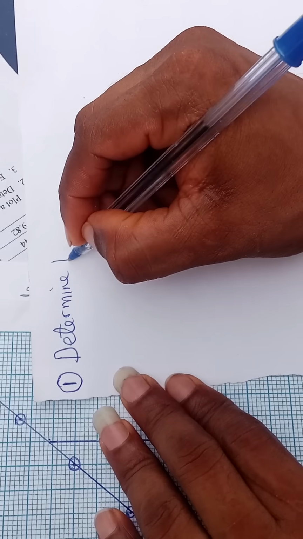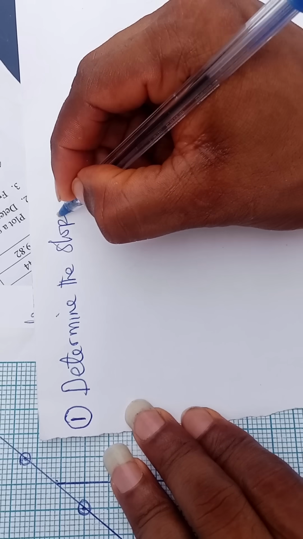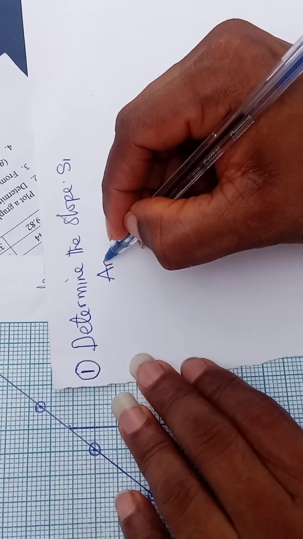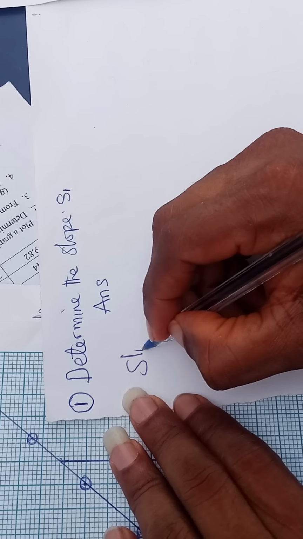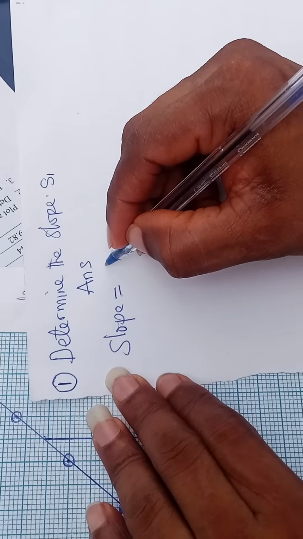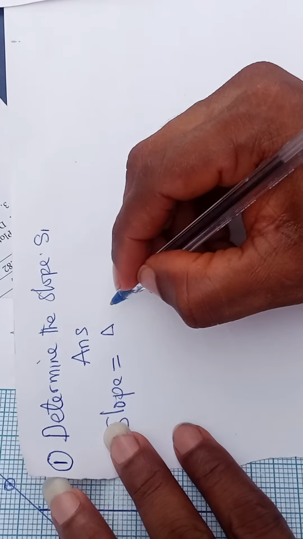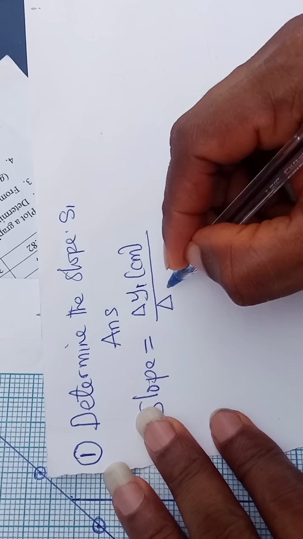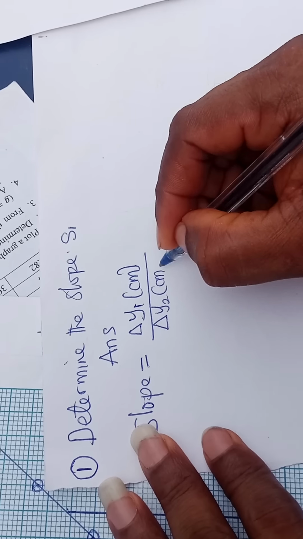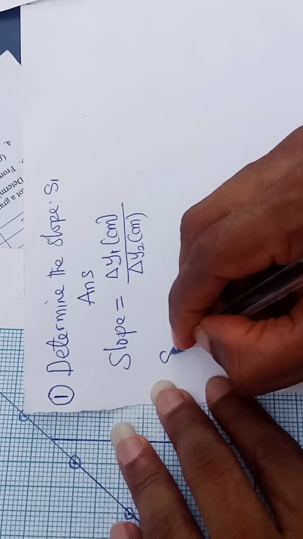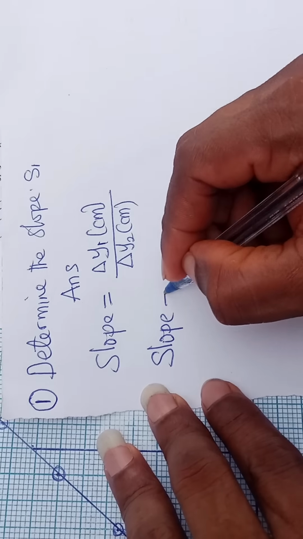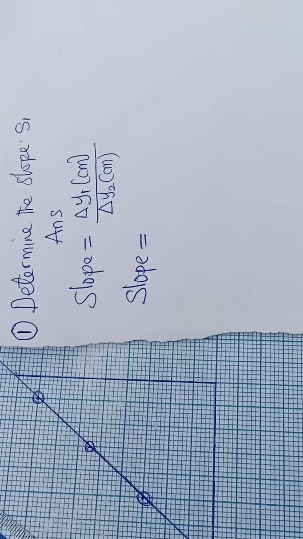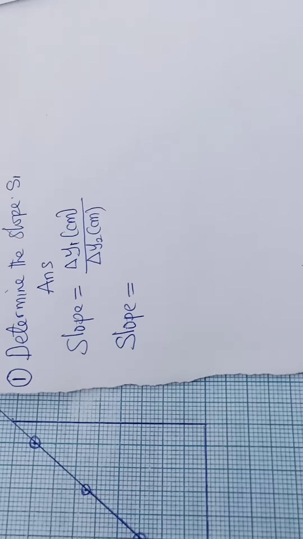So my answer here is that my slope is equal to change in y1 in centimeter over change in s in centimeter.